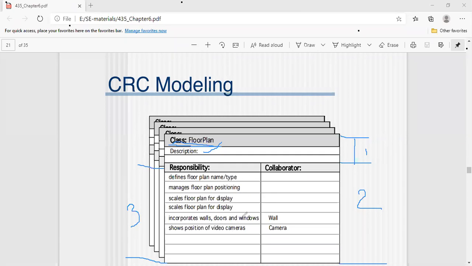If you see the second one, it is the responsibility. Responsibility means what actions are going to be performed with this class. The actions which are involved in this class are called the responsibility. The third one is a collaborator. What is the role of this collaborator here? It tells the relation between the responsibility and another class.